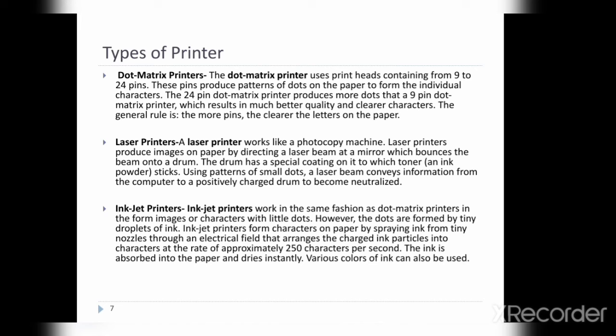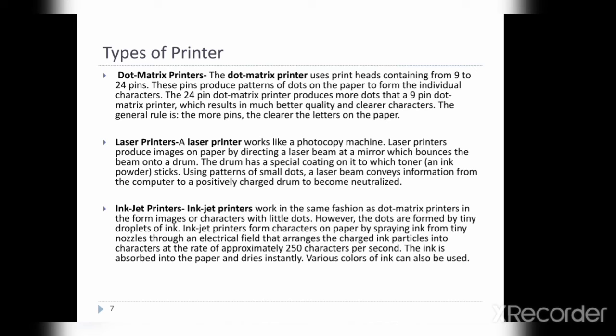So last one is the inkjet printer. Inkjet printer works in the same fashion as a dot matrix printer in forming images or characters with little dots. However, the dots are formed by tiny droplets of ink. So inkjet printers form characters on paper by spraying ink from tiny nozzles through an electrical field that arranges the charged ink particles into characters at the rate of approximately 250 characters per second.